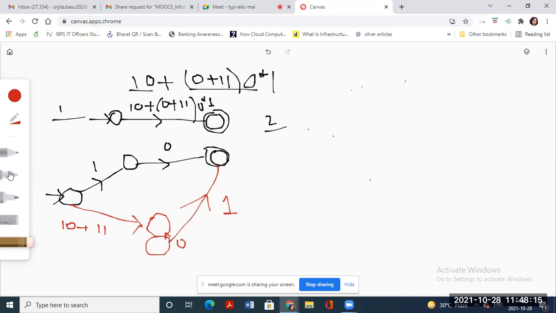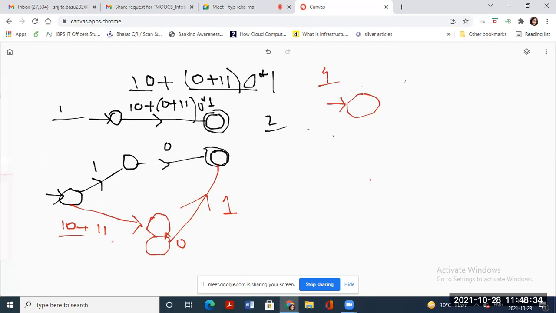So the fourth step that we are going to encounter over here is, again, we'll have an initial state.